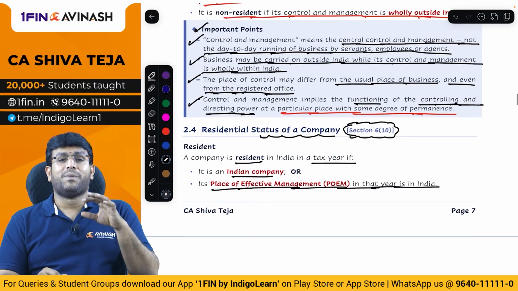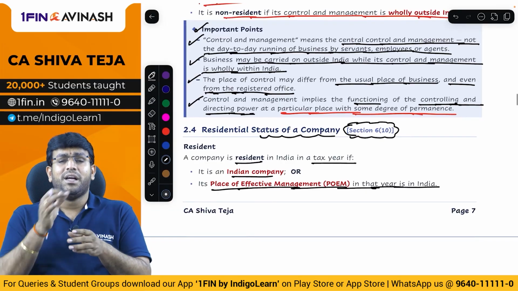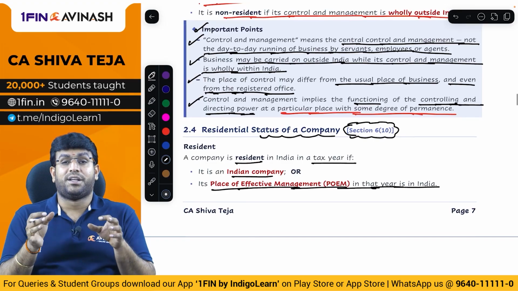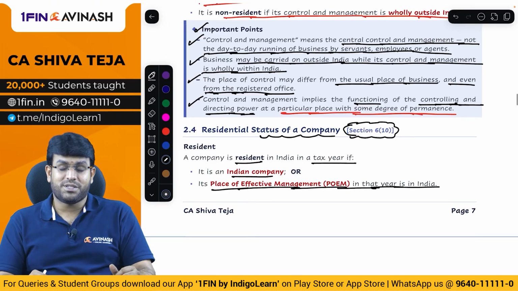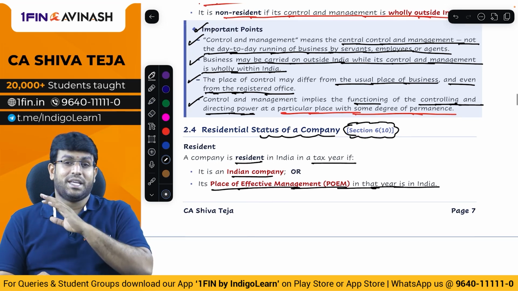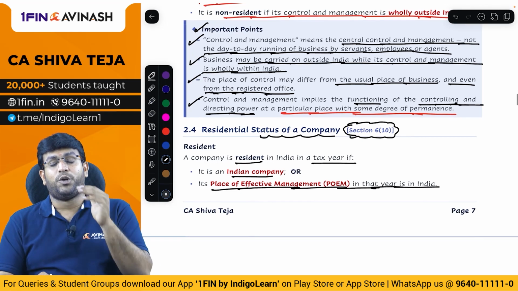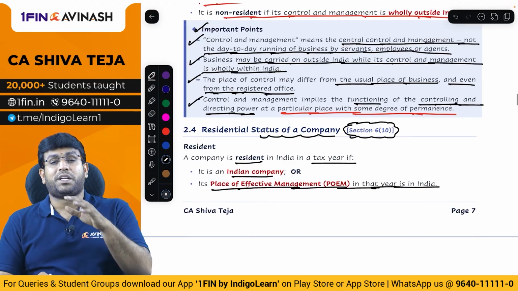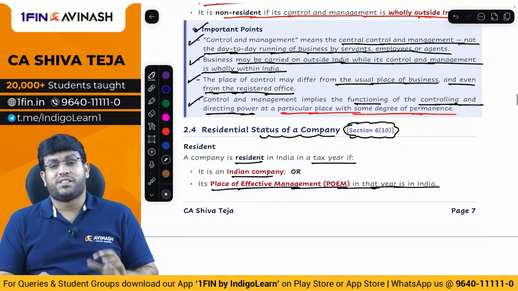And place of effective management is decided based on where directors are located, where assets are located. There are various parameters which are taken into consideration to decide this concept called place of effective management. Indian company is always a resident. Foreign company is a resident only if the place of effective management is in India. So that's the concept of residential status of company.